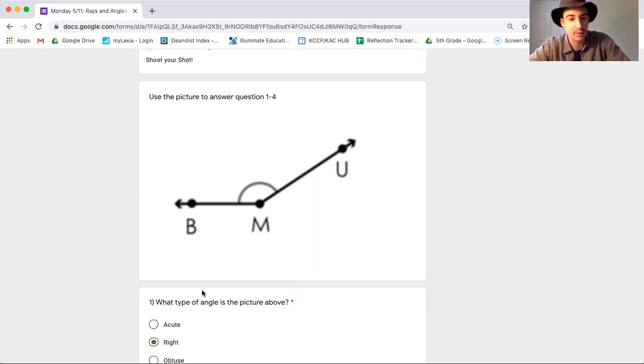Now I'm going to first draw out this angle so that we can have it follow us the entire time. It's angle BMU.